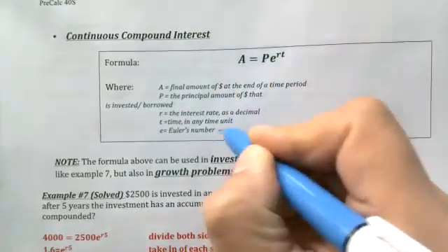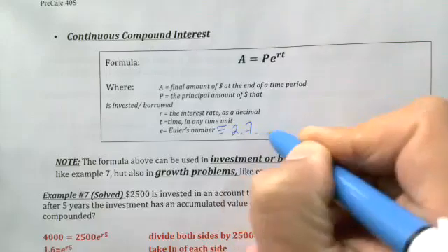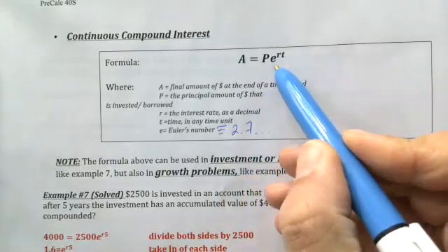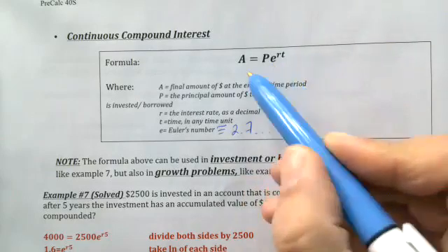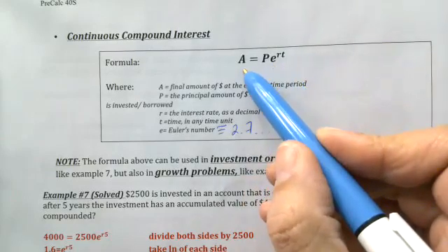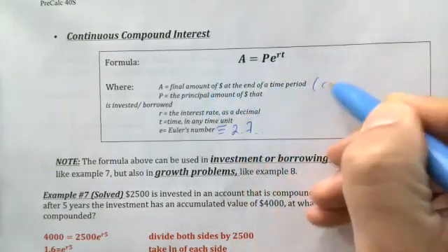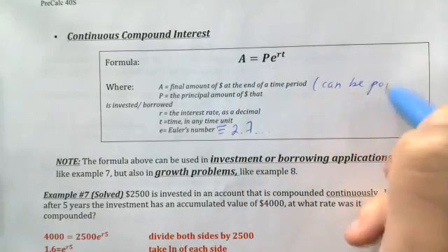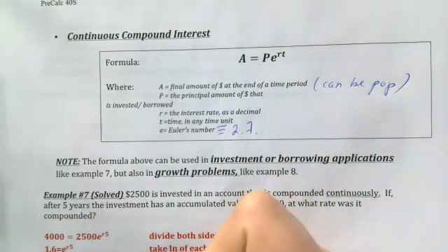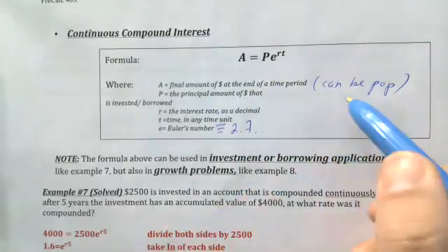e is approximately 2.7, but we use our e button on our calculator to use it in problems. A is still the final amount, not necessarily money, like usually it is money, but it can be other things, can be population, for example. We'll do a question with population of golfers a little bit later.